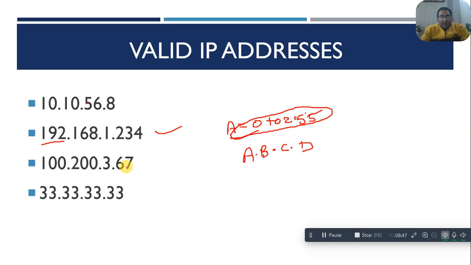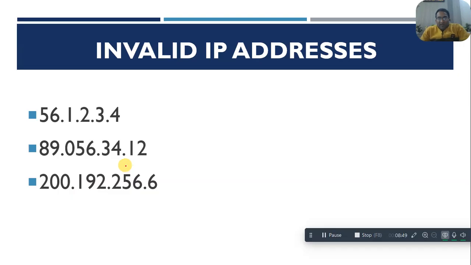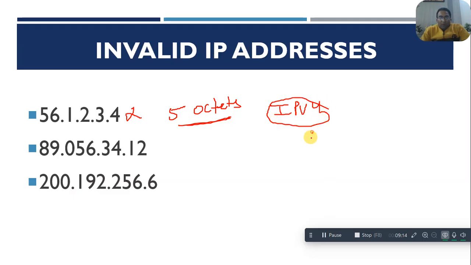Now let us see some examples of invalid IP addresses. The first example is 56.1.2.3.4. This is an invalid IP address. Why? Because there are 5 octets written here, and IPv4 has only 4 octets.